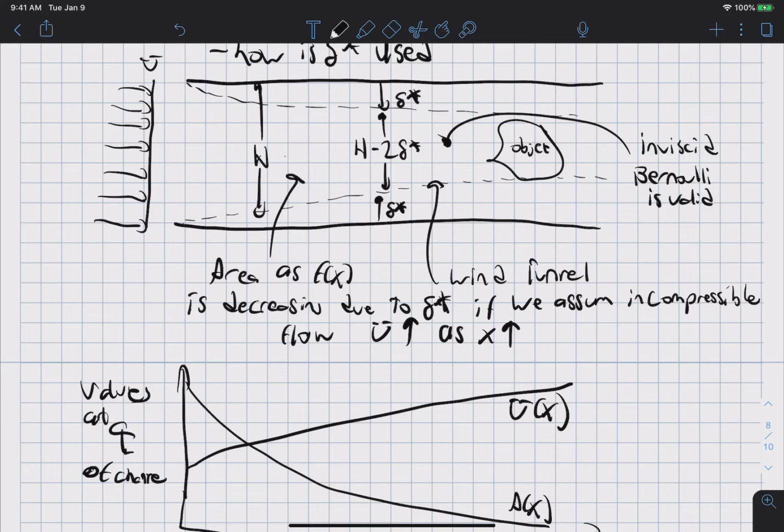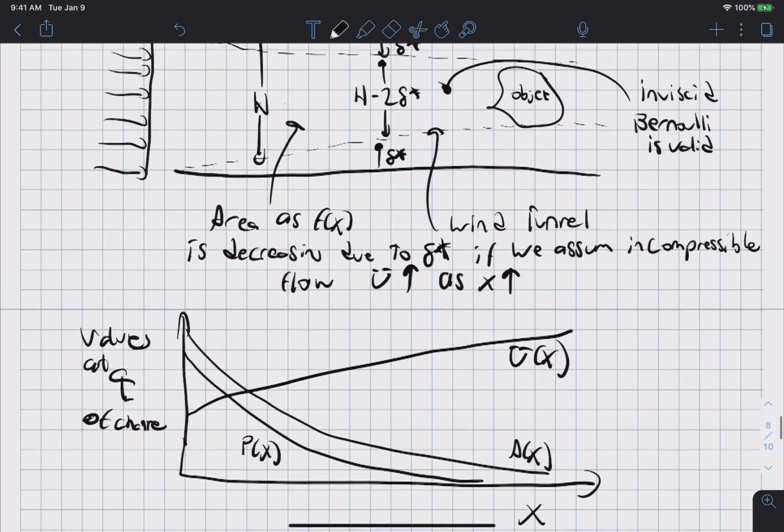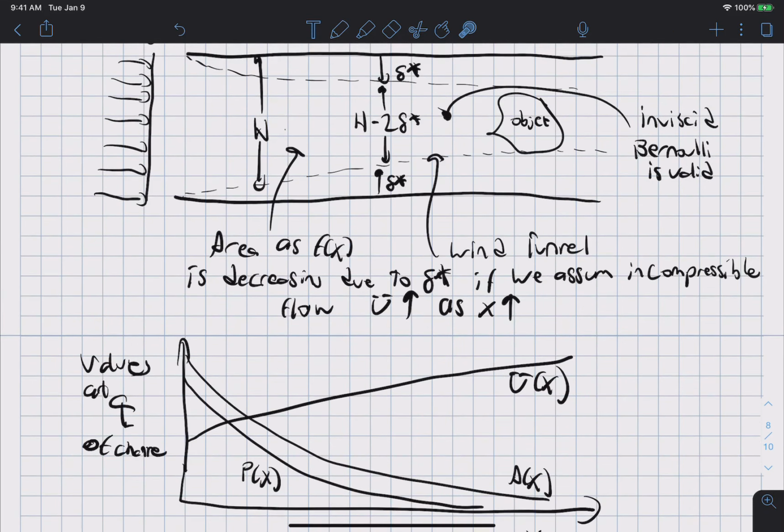Which means, according to Bernoulli, if you increase the velocity, then you have to decrease the pressure. Okay, and so that changes the conditions that the object sees.